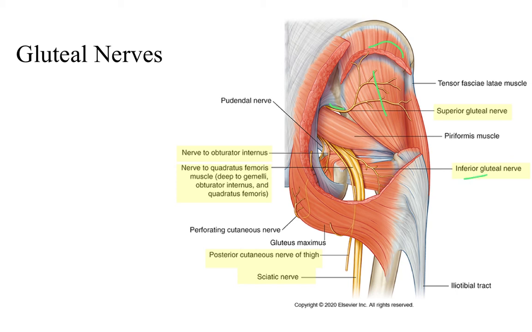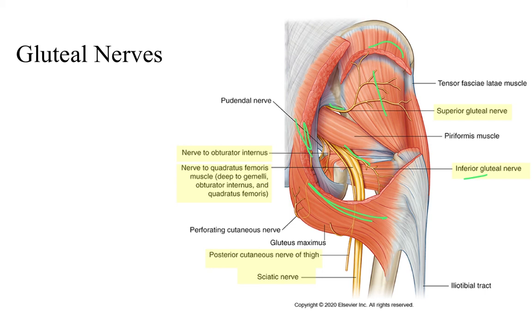We have the inferior gluteal nerve coming here, just inferior to the piriformis muscle from the greater sciatic foramen, and of course going to the gluteus maximus here.